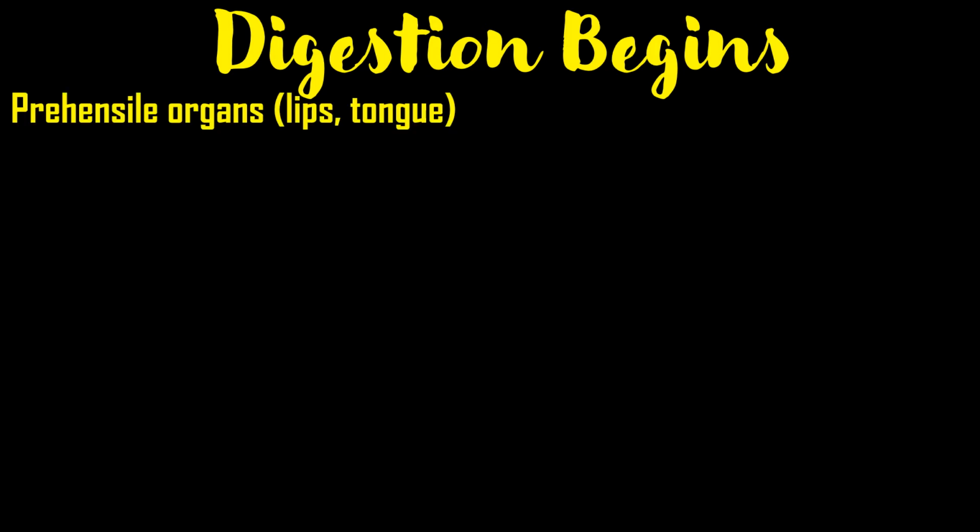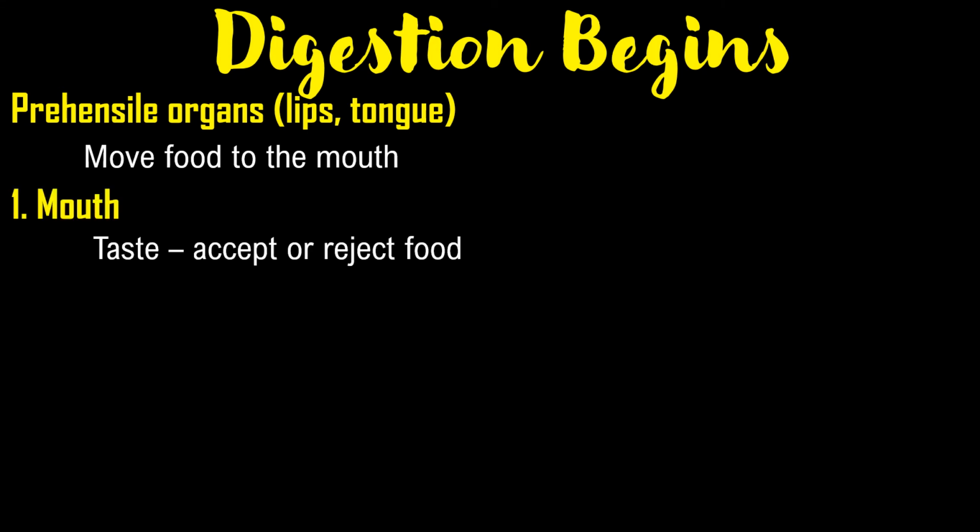Digestion begins even before the food enters the mouth. The mouth consists of prehensile organs such as the lips and tongue that help move the food into it. The mouth allows us to have the sense of taste for us to decide whether to accept or reject the food.